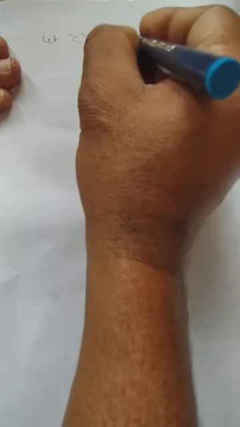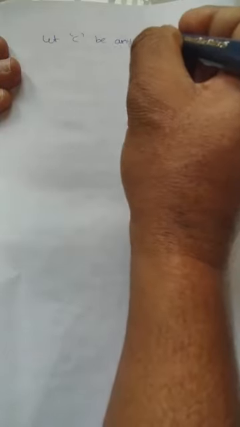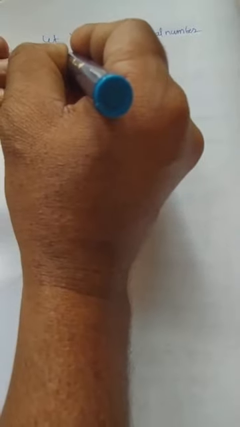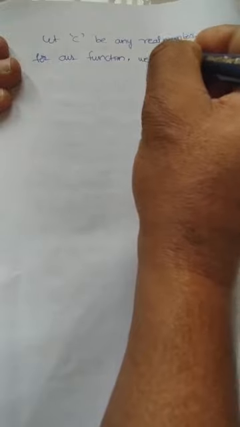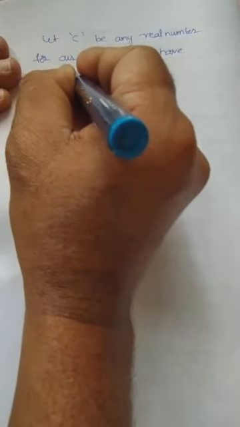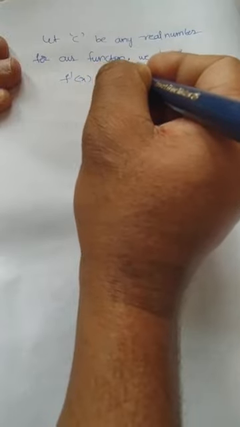Now the third step. What is our third step? For any value of c, you have to find the value of f dash of c. So now let us check. Let c be any real number. For our function we have f dash of x is equal to 2x.